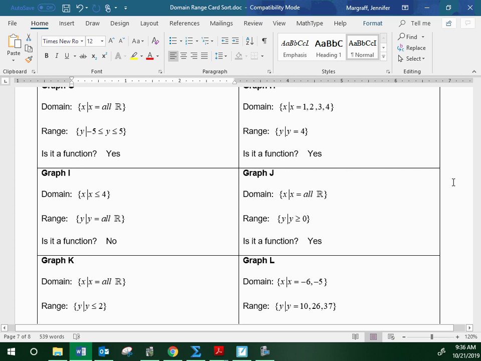And next class we'll go over this as we always do, and then you'll have a mini quiz on it. And again, I'll put the answers to the card sort up on Blackboard, so that if you didn't get a chance to check it all here, you can check it on Blackboard.